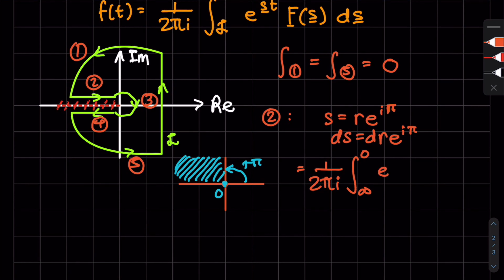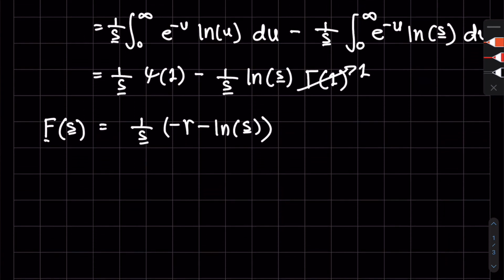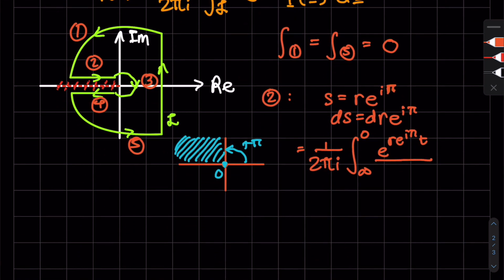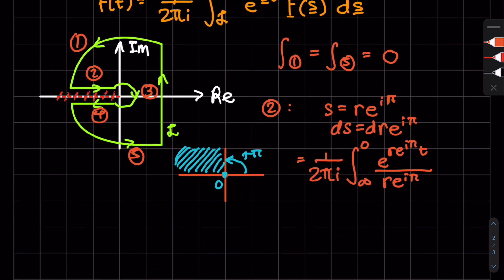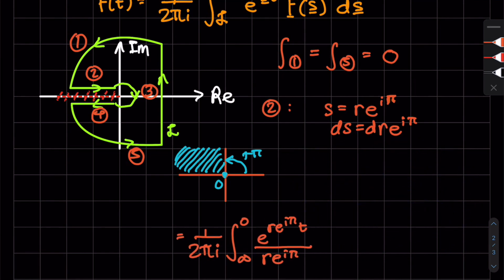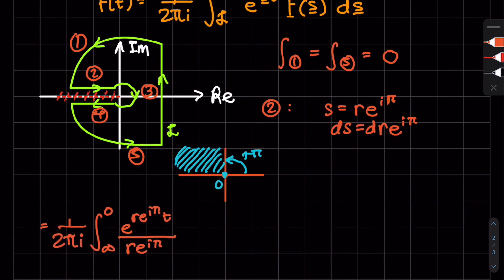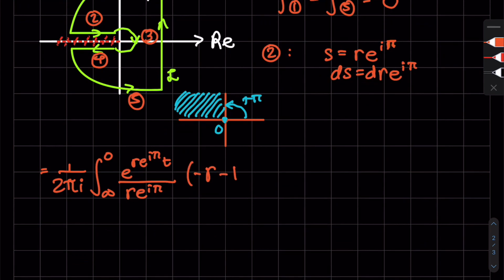What else? We have e to the r e to the i pi t, and then all of this over r e to the i pi minus Euler-Mascheroni constant, minus natural log of r e to the i pi, dr e to the i pi.